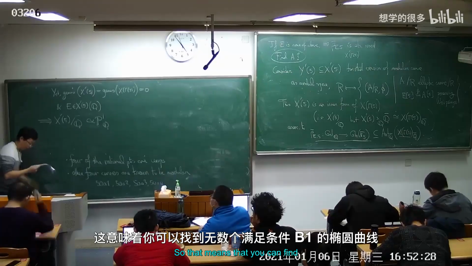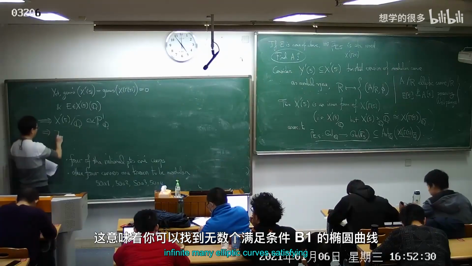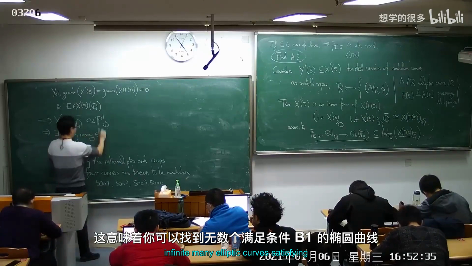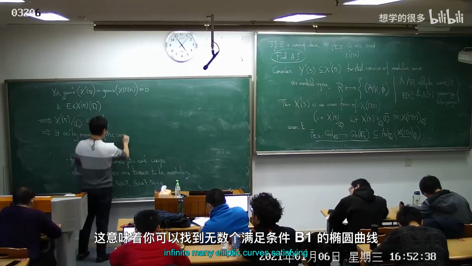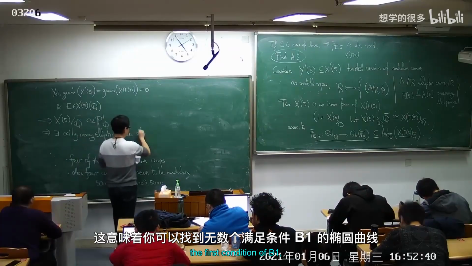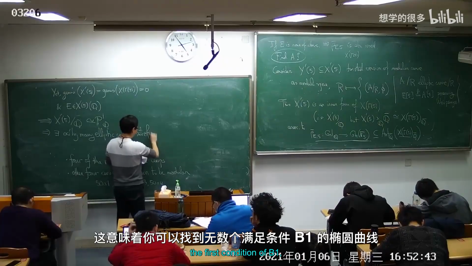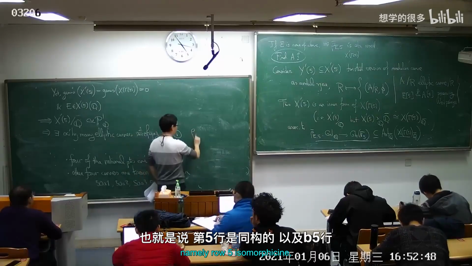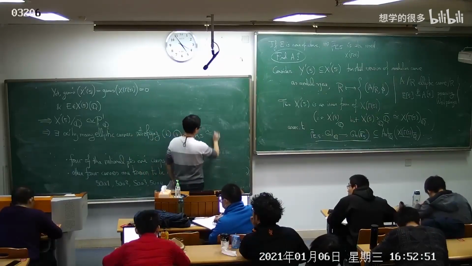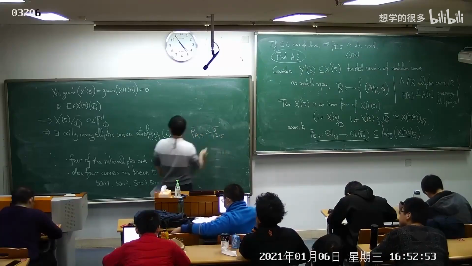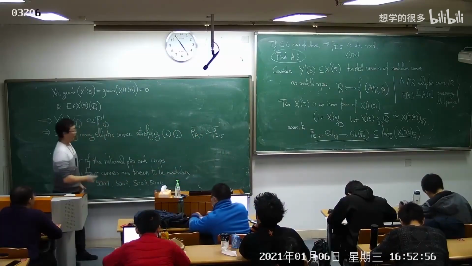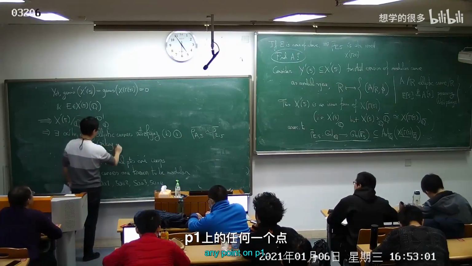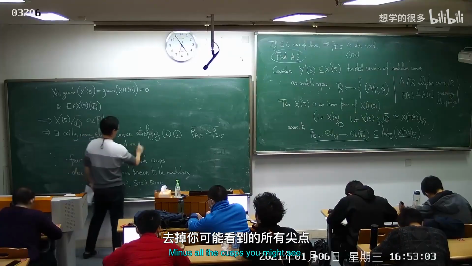So that means that you can find infinitely many elliptic curves satisfying the first condition of B1, namely rho 5 isomorphic to rho E5. Basically, pick any point on P1, minus all the cusps you might see.